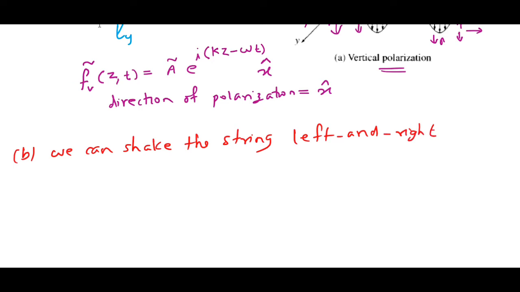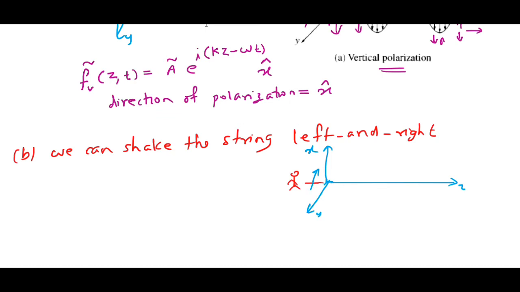If we take the string and vibrate it left and right, how should this person vibrate it? If this is our string element, and our axes are: this is the z axis, this is x, this is y, then he has to make the vibration left and right, along this direction.